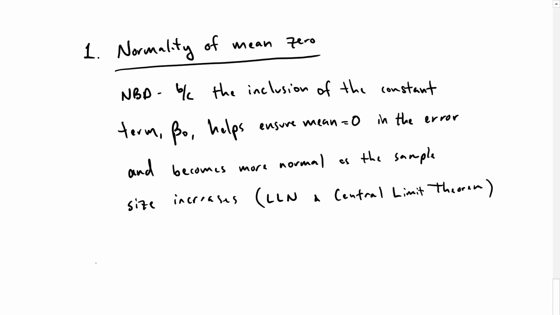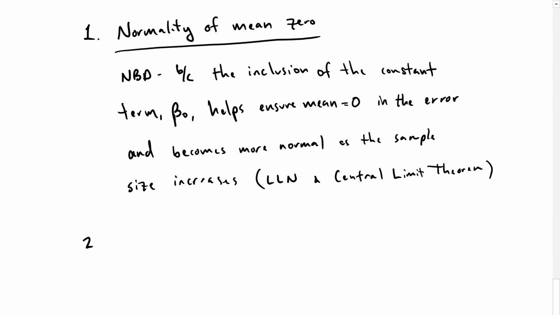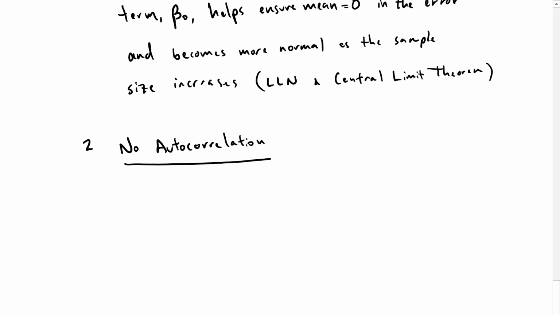The second assumption was no autocorrelation. That is the correlation between the error terms of the different points in the data. Again, this one is more or less no big deal.